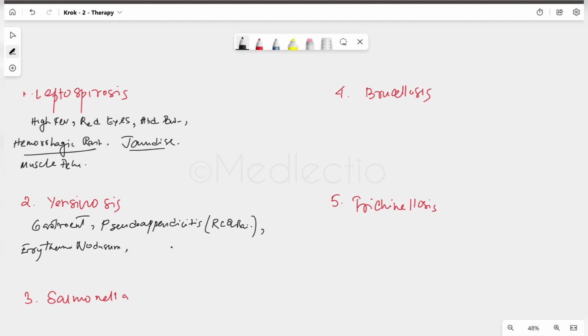Erythema nodosum. Then reactive arthritis, we can have reactive arthritis. Okay.